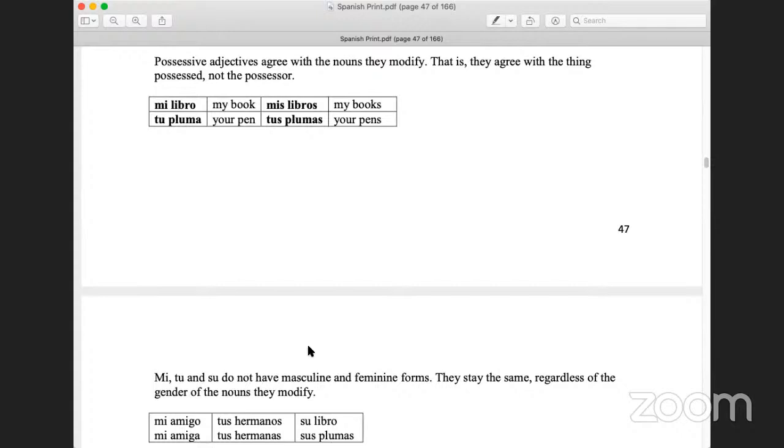Okay, so mi libro, my book. Mis libros, el gato de negro. El gato, that's cat. The cat, the negro, the cat of black. From black. The cat from black. El gato de negro. Am I right?